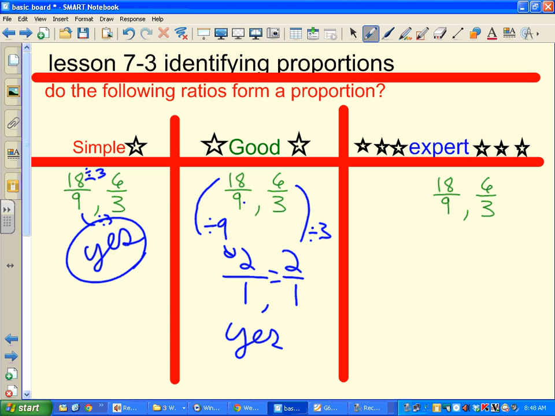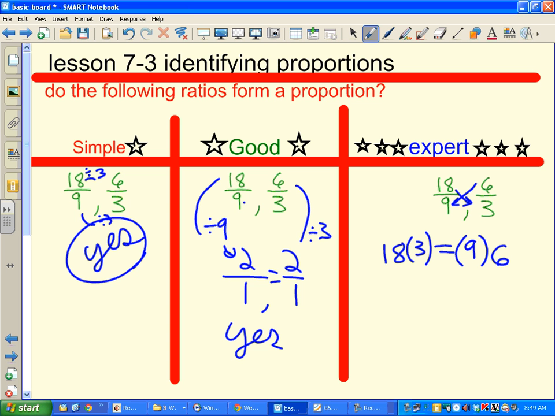Now let's try our expert way. The first thing I'm going to do is I'm going to put down 18 on this side. I'm going to put down 6 on that side. And then I'm going to put in my brackets. 18 times, what's across from it? 3. And 6, okay, times what's across from it? 9. All right.